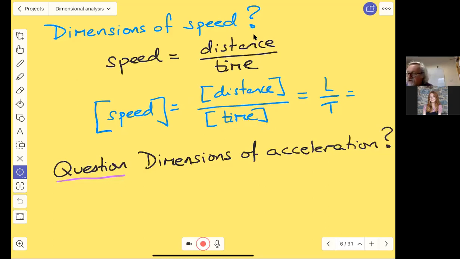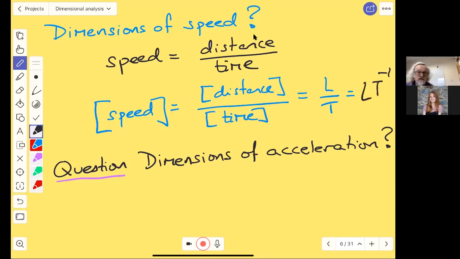So this is distance, its dimensions are length. This is time, its dimensions are capital T. And that means L over T is LT to the minus 1. So that's the expression in dimensions. Were you to use units, that could be meters per second, for example.